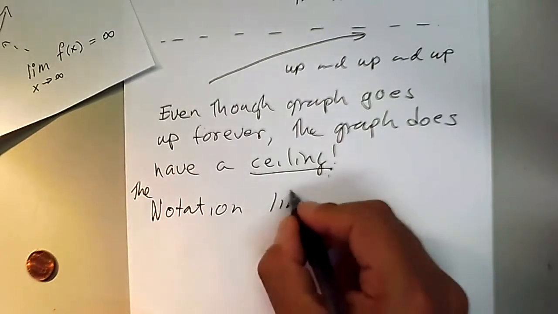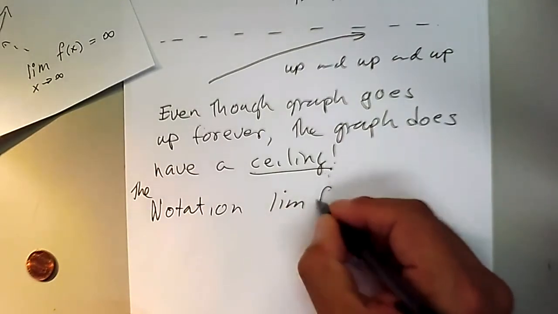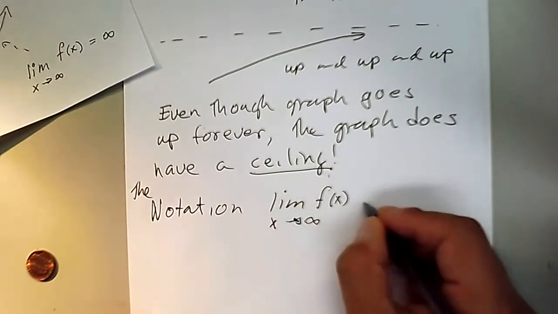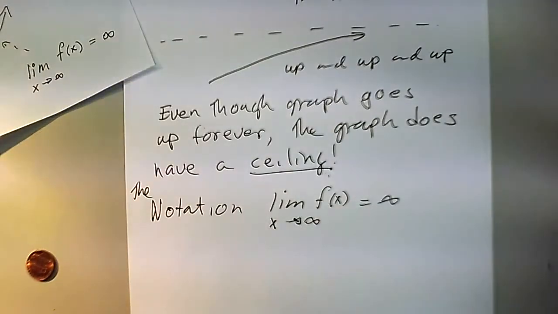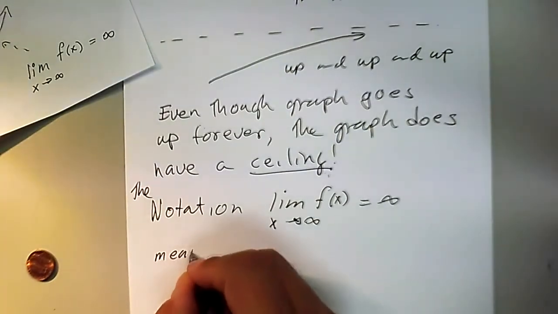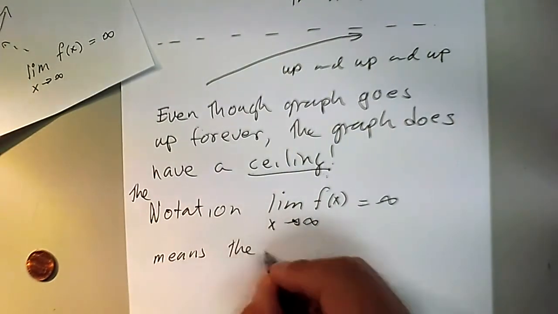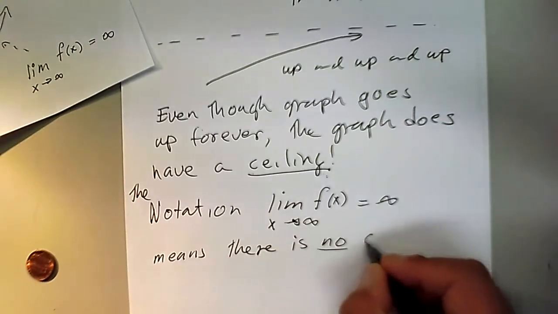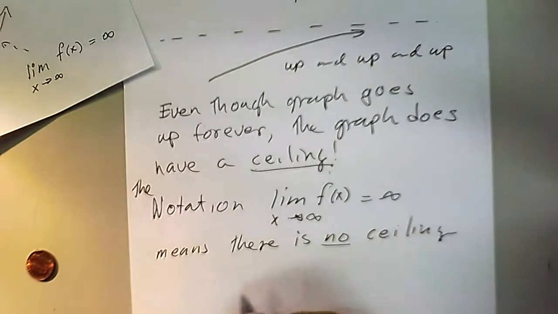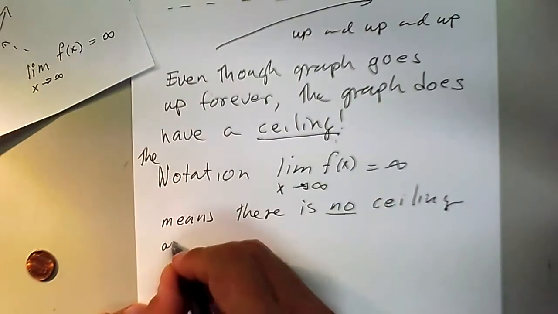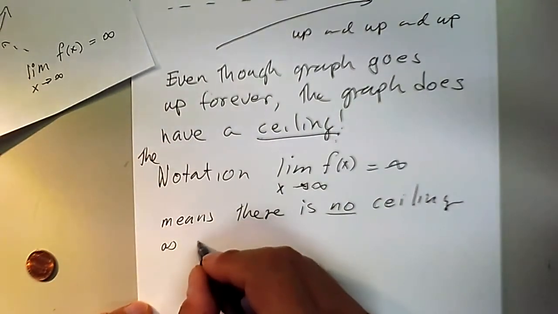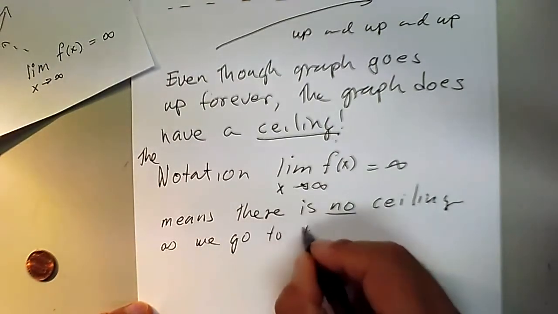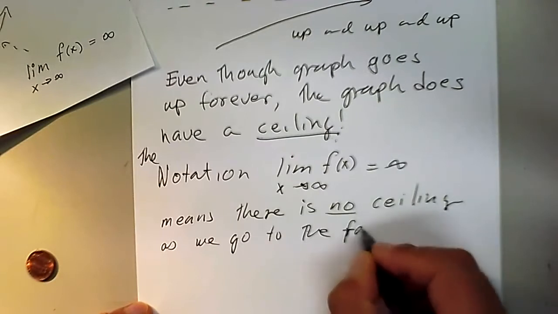So LIM means limit of f of x as x goes to infinity equals infinity means there is no ceiling as we go to the far right.